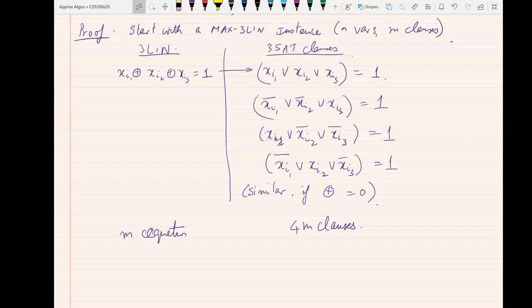And suppose an equation is satisfied, then all of the 4 clauses corresponding to it in the 3-SAT instance are satisfied.